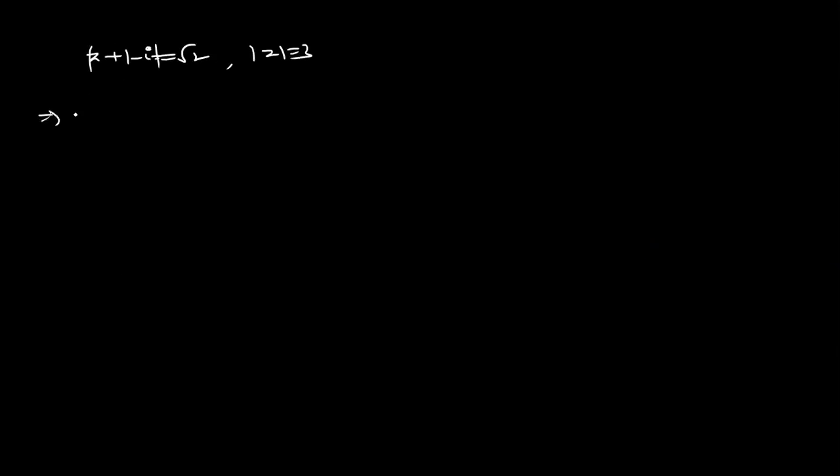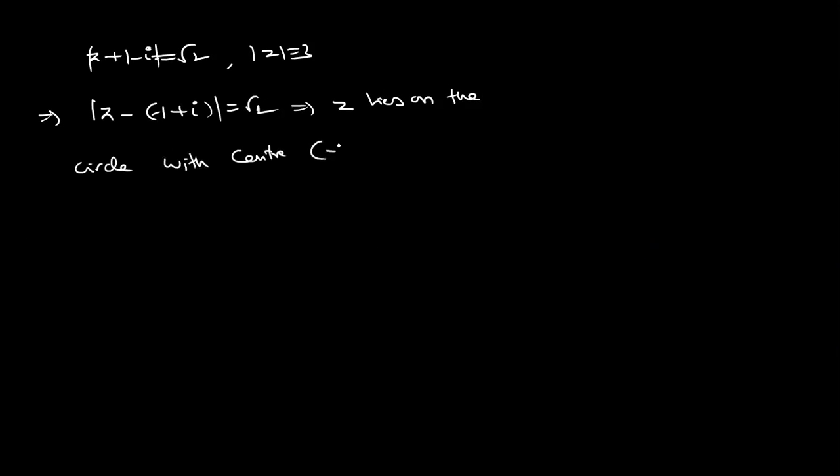Dear students, this one I can write as mod of z minus minus 1 plus i is equal to root 2. So what is the meaning here? It implies z lies on a circle with center, can you guess what the center is? Minus 1 comma 1, and radius root 2. That is the meaning.